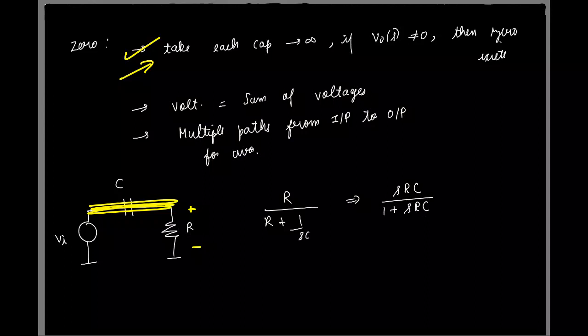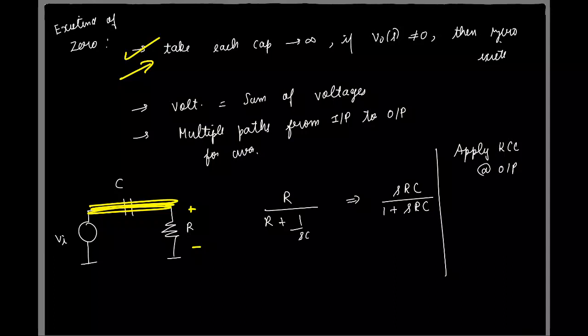So basically this technique tells you if you have a 0 or not, the existence of 0. And if you want to find the location of 0, you do the same thing. You apply KCL at the output, and then find it.